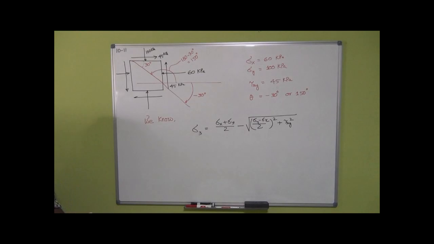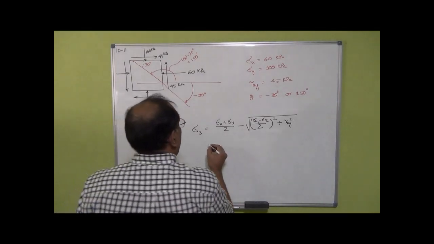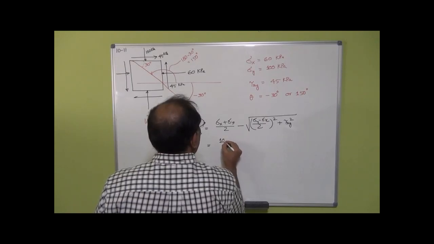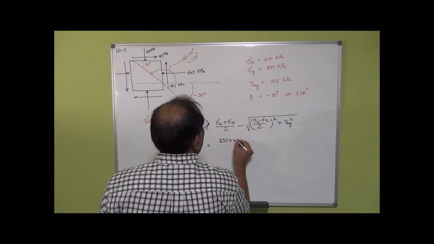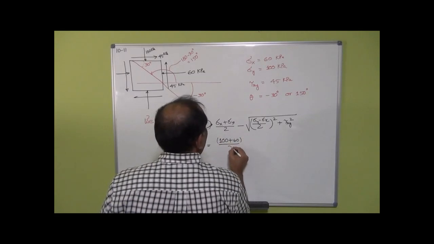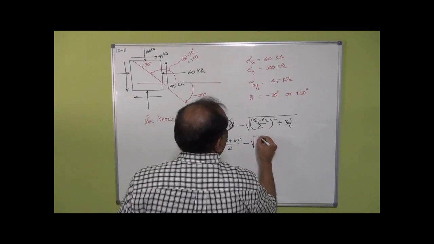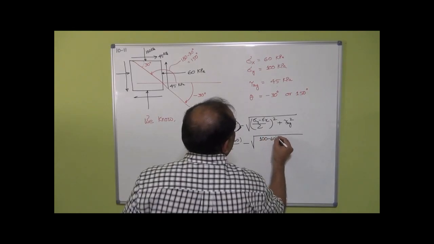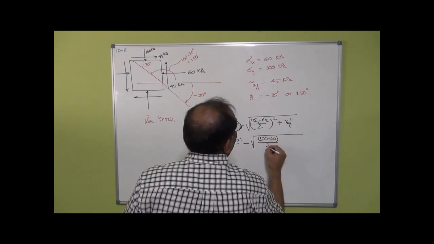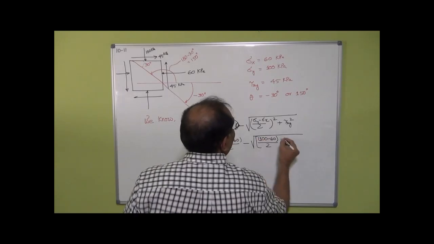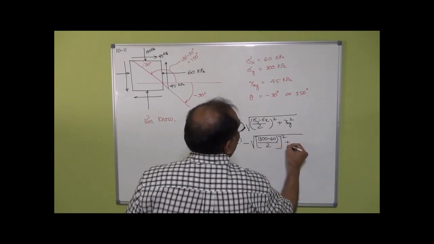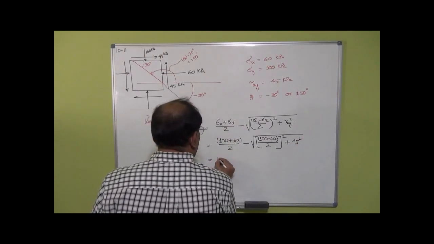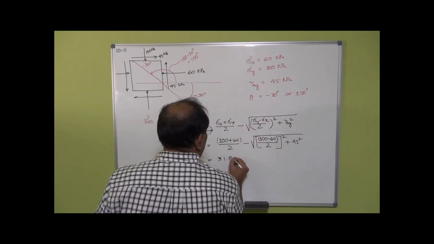So if I plug in the values here, this is 100 plus 60, minus, 100 minus 60, so that's basically 31.8 kPa.